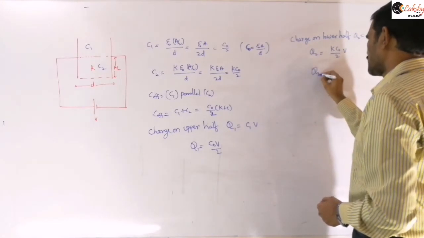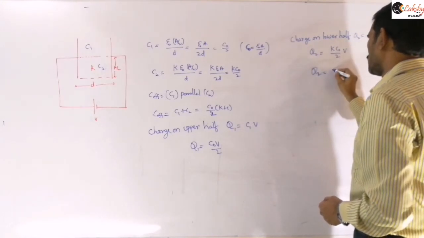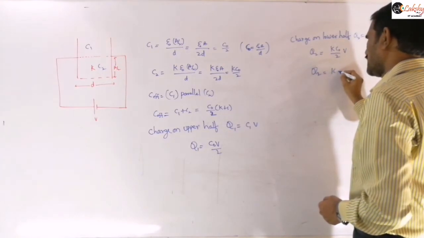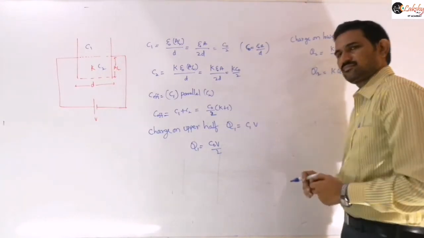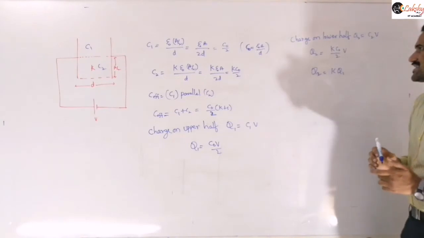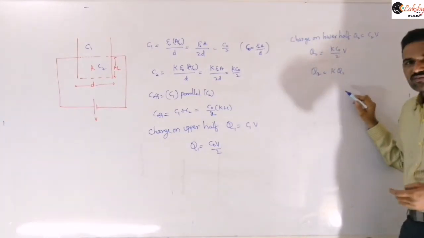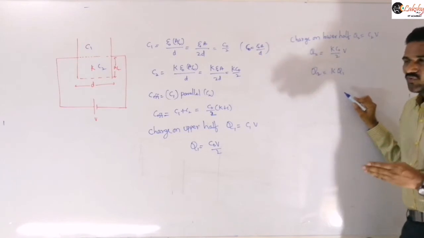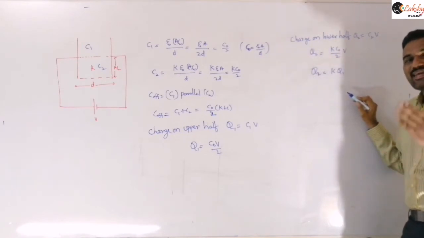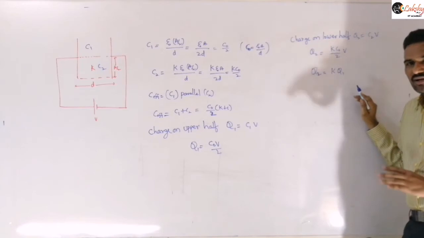And so Q2 is equal to K into Q1. Is it clear? Because C0 V by 2 is nothing but our Q1. So the charge on the lower half is K times the charge on the upper half.